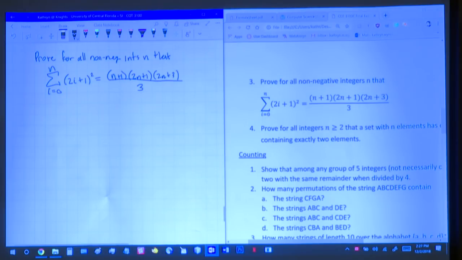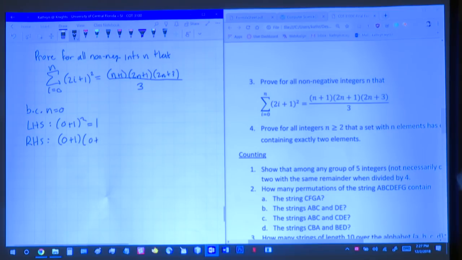Okay, so our base case again is n equals 0. So the left hand side would just be 0 plus 1 squared equals 1, and our right hand side is (0 plus 1)(0 plus 1)(0 plus 3) over 3, which equals 3 over 3 equals 1.